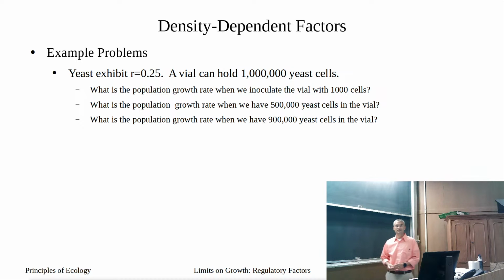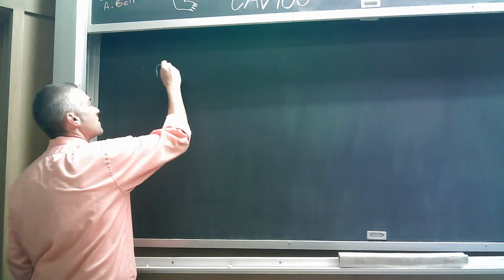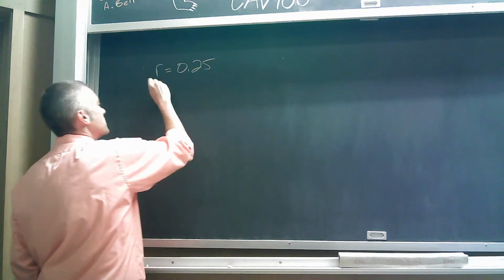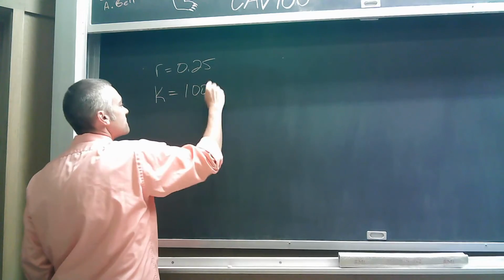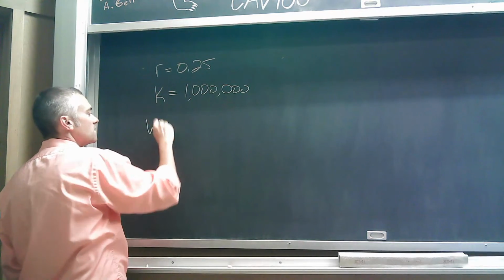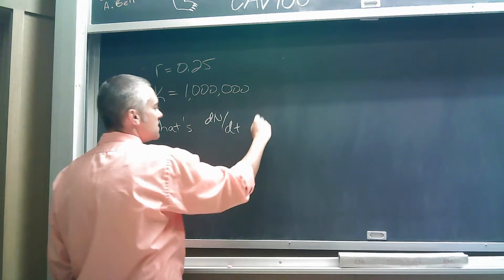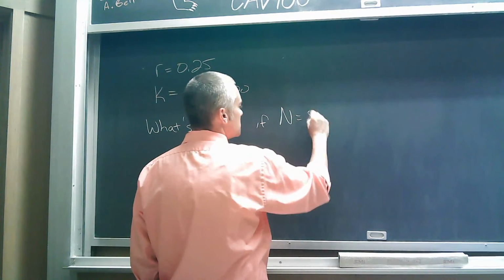Good thing I didn't make a quiz for this. So, the problem specified R. It specified our carrying capacity. So the second part, what's our dN over dt if N is equal to 500,000?